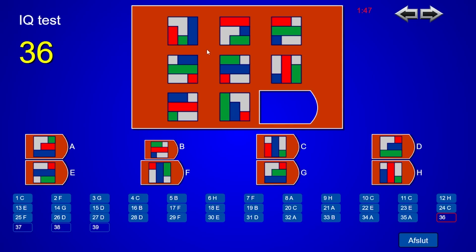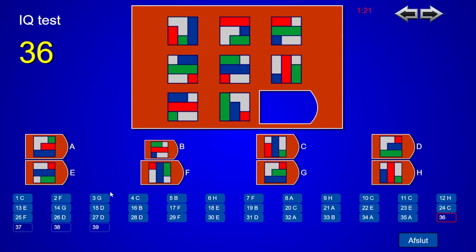And long line from top. They have orientations. This one is normal. This one is angled against the left. This is angled against the right. Against left, against right, upwards, upwards, right.